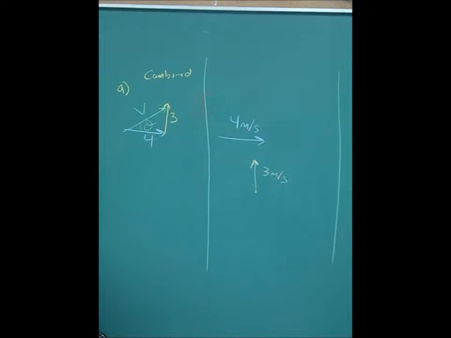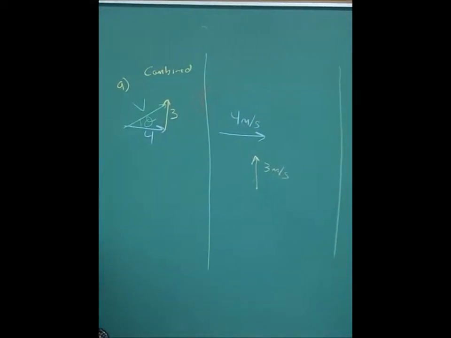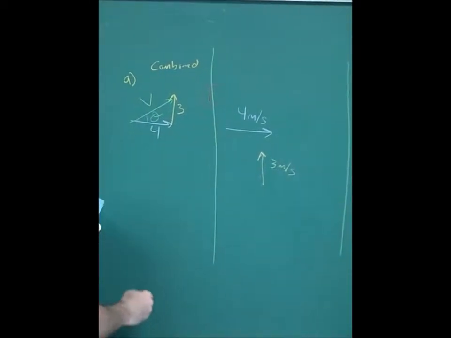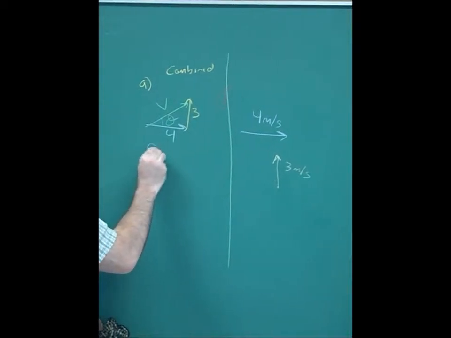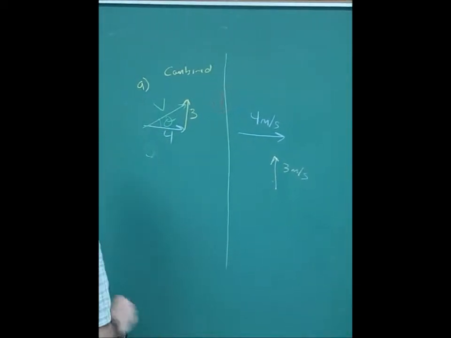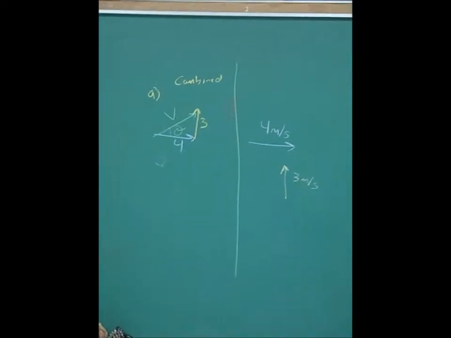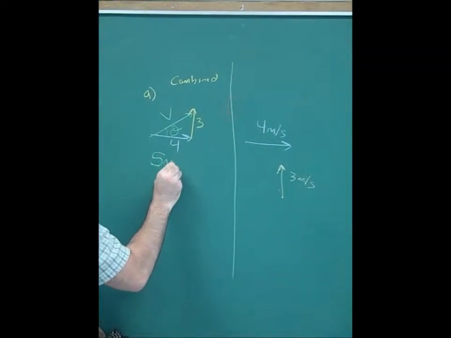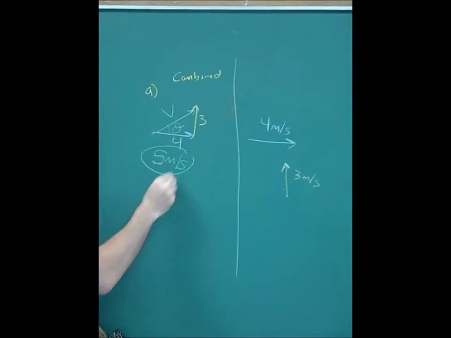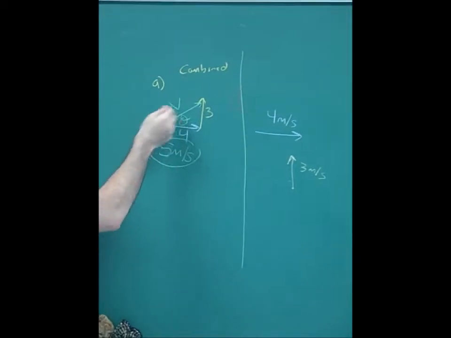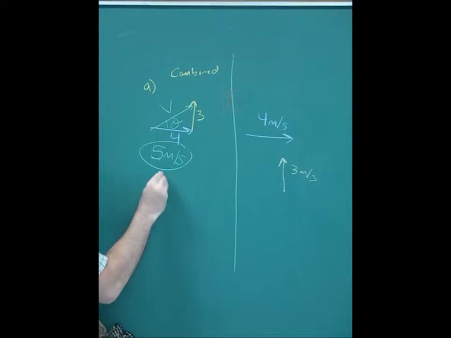Now, this always makes a right triangle, which is why we can use the Pythagorean theorem all the time. So if I do the Pythagorean theorem, I end up with 5 meters per second as my overall. And that's just 3 squared plus 4 squared equals v squared.